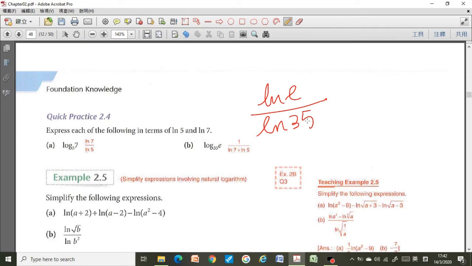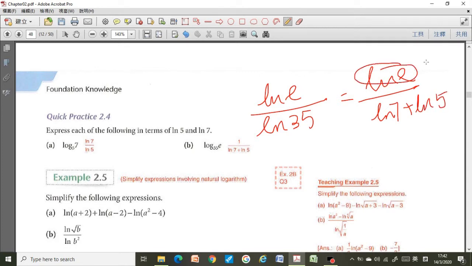But log 35 is just log of 7 times 5, so you have log e over log 7 plus log 5. But log e is just equal to 1, so you have 1 over the expression log 7 plus log 5.